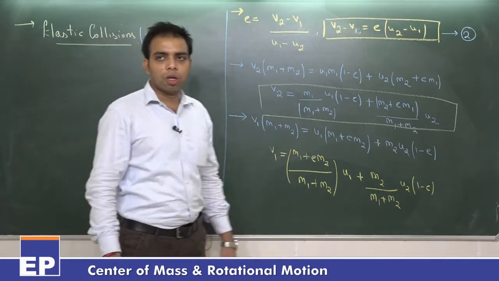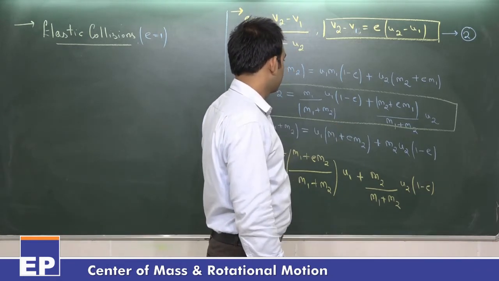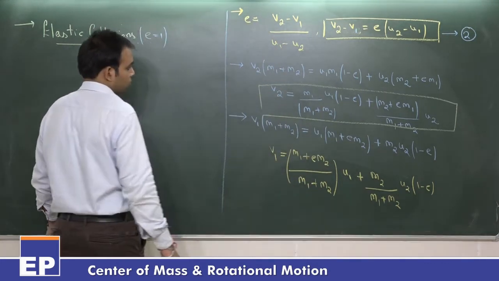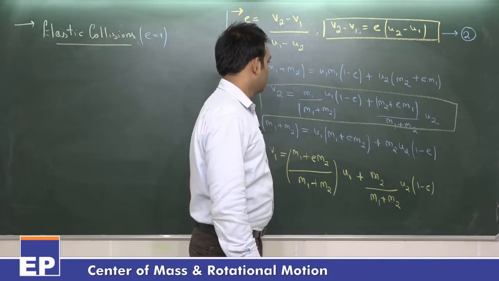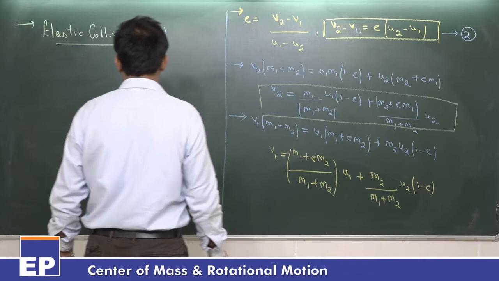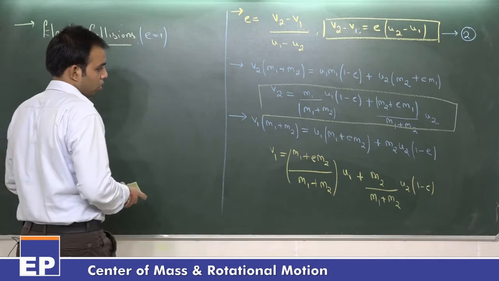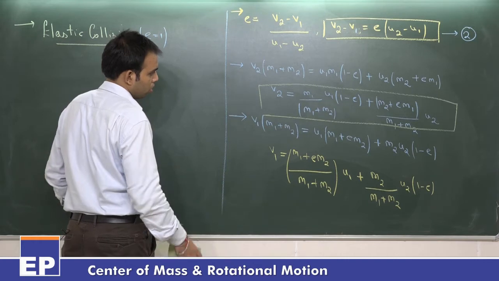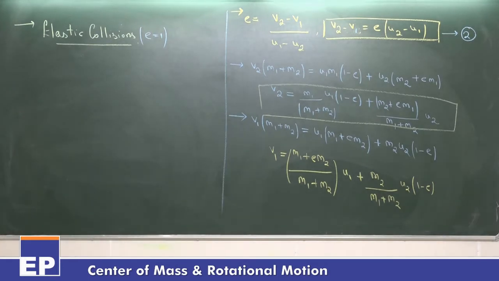If I put E as 1 here in elastic collision, then this will become 0. For elastic collision, the velocity of separation is equal to this.